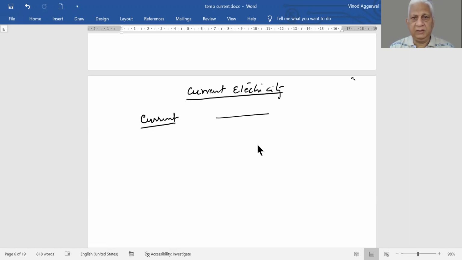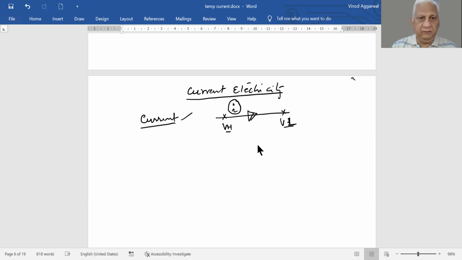If you take any conductor and create a potential difference across any 2 points, let us say one is high, one is low, then what will happen? Current will flow from high voltage to low voltage.